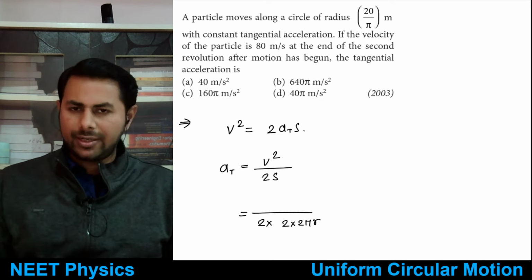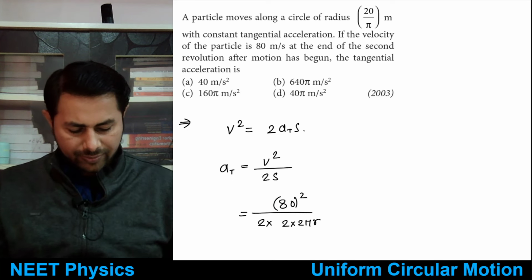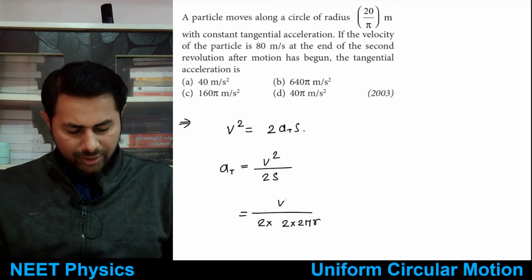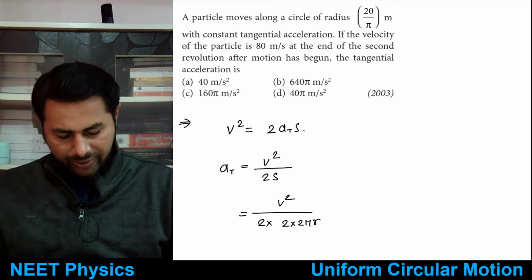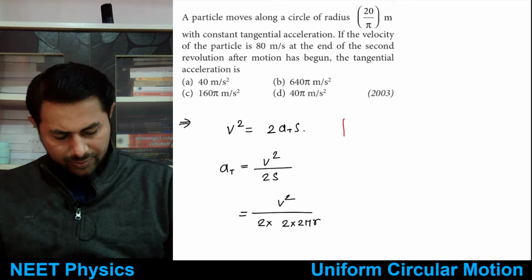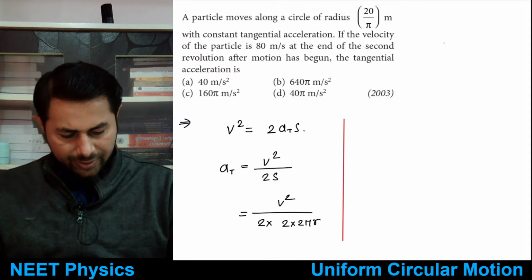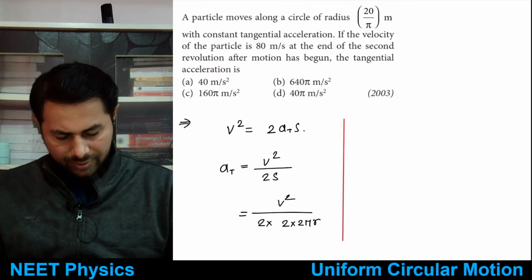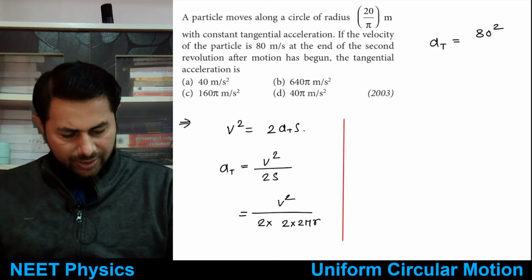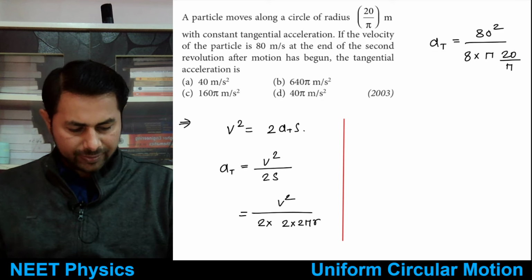Speed is 80, so we have 80 square, or here I will just keep it v square, and then you have a equals to v square, 80 square, divided by 2 times 2 times 2 is 8 times pi multiplied by 20 by pi.